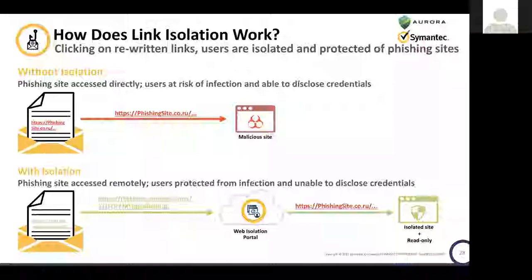And then we'll also look at the link again, what we call click time. So when you click on it again through the inbox, we'll scan it again, do another check, just to make sure. And again, we can filter that through isolation portal if needed, or maybe we just go ahead and block it depending on what the policy says. But now we have another layer to stop sort of that phishing threat.